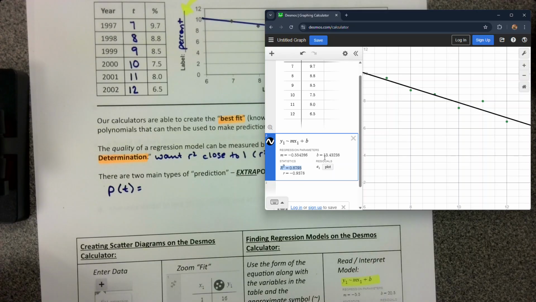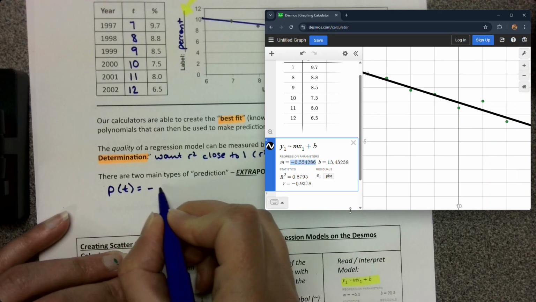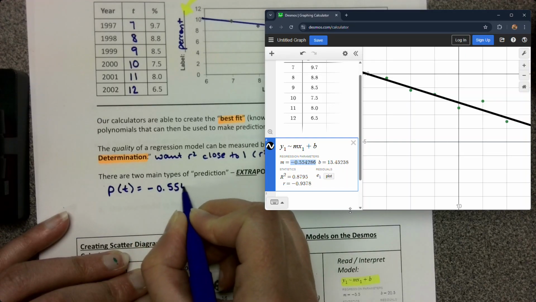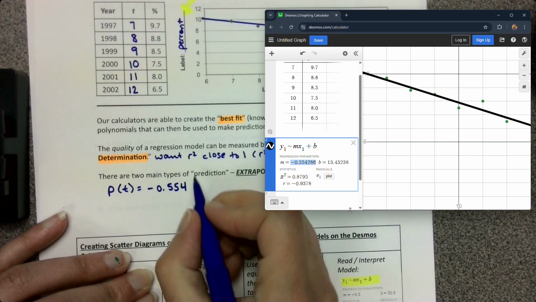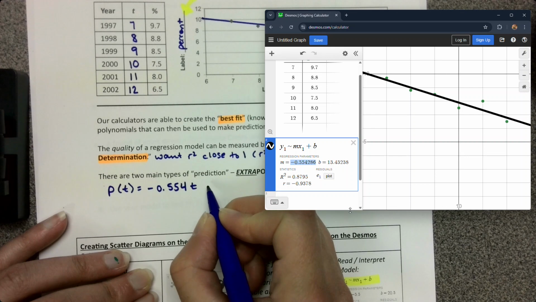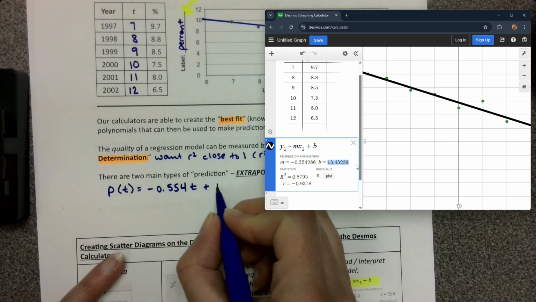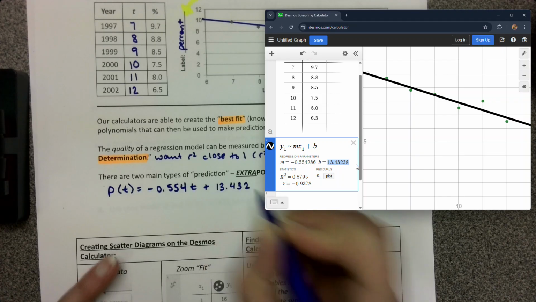And I found the slope value, the number for m, given to me as negative 0.554 times my independent variable, which is t, plus the b value, which is 13.432.